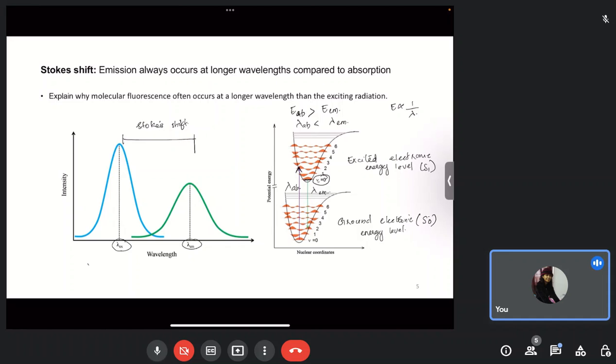You can look at the energy level diagram to figure out what is happening when there is an excitation. And the main reason behind the emission wavelength being Stokes shifted is the presence of non-radiative pathways.